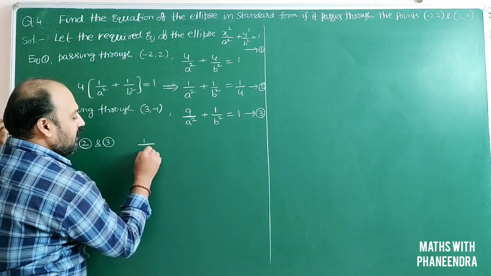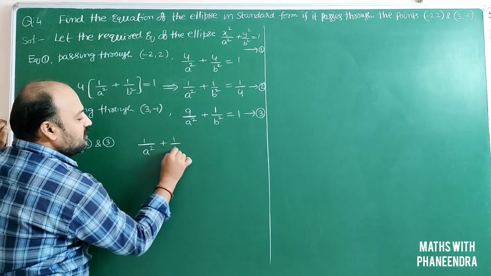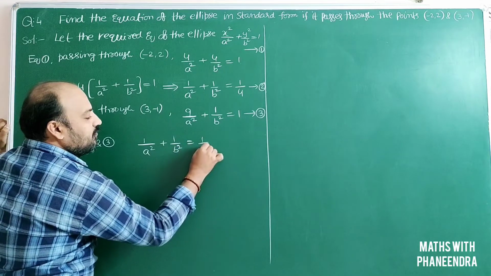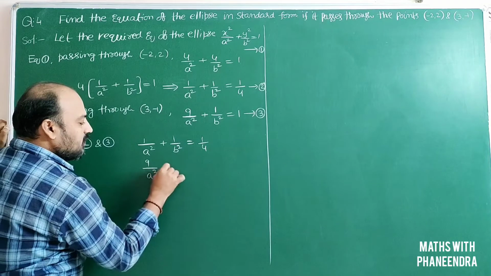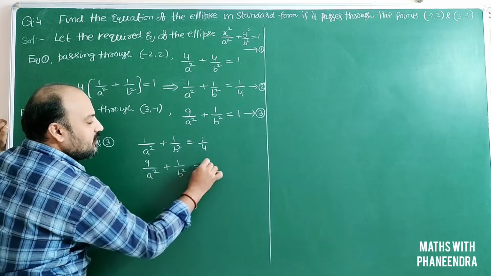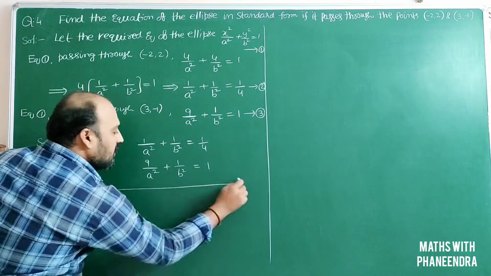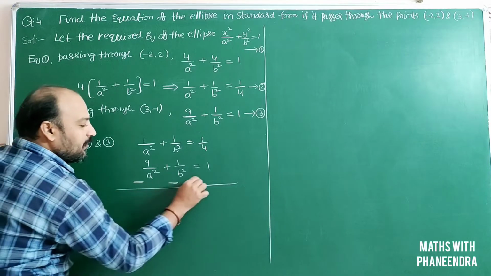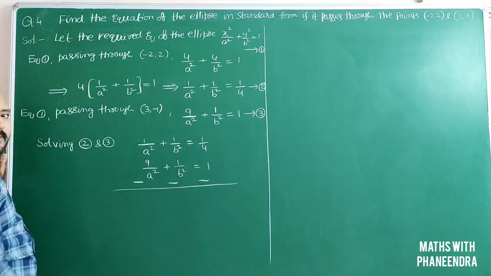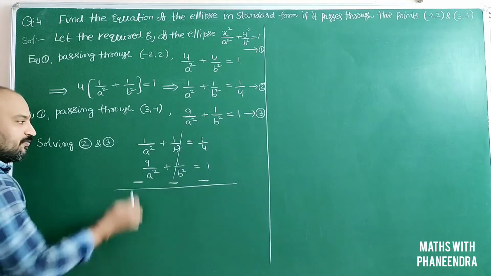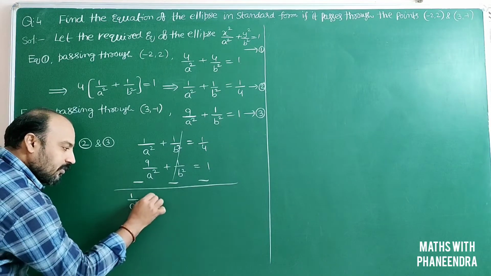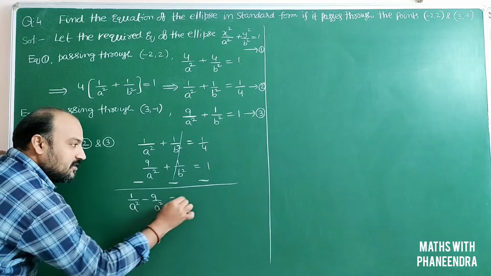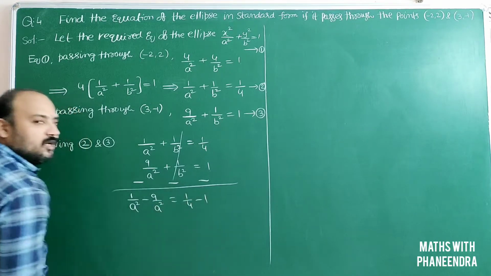So 1 by a square plus 1 by b square is equal to 1 by 4, and 9 by a square plus 1 by b square is equal to 1. While subtracting, the sign changes. Why are we subtracting? Here the 1 by b square term is there, so we can cancel it. 1 by a square minus 9 by a square is equal to 1 by 4 minus 1.